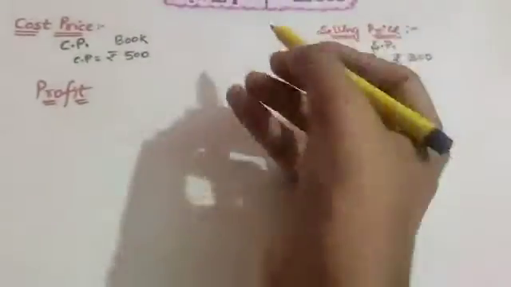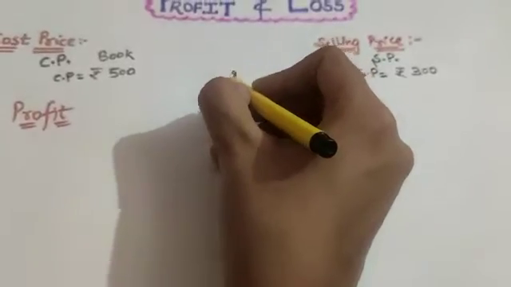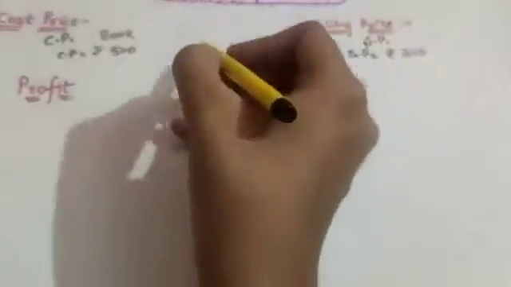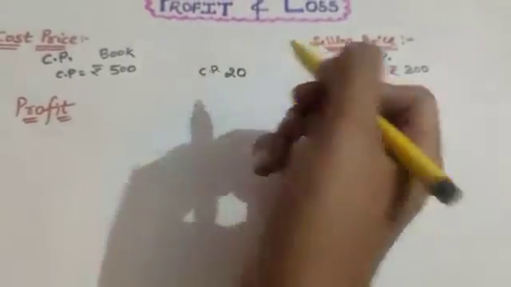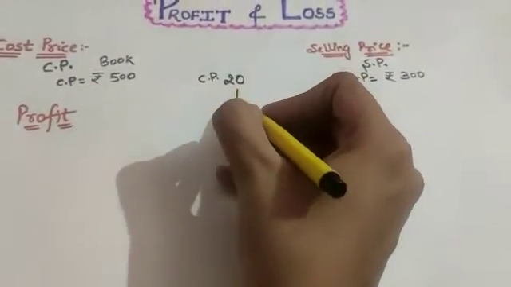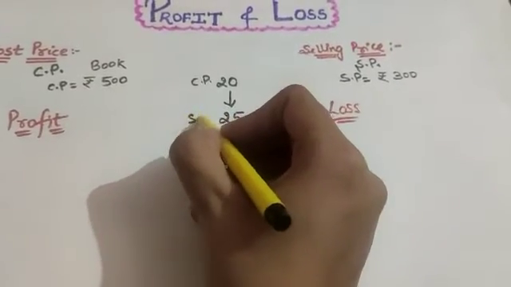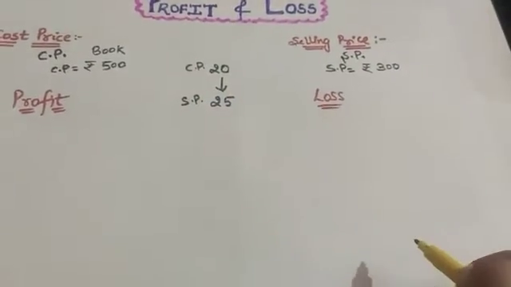Suppose I bought a pen for rupees 20, that means this is my CP, and I sell it to my other friend for rupees 25, that means this will be SP.